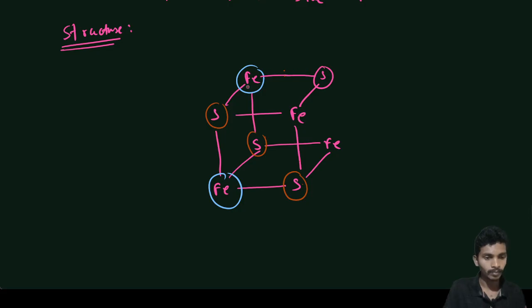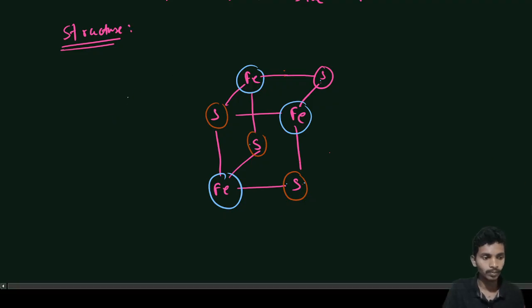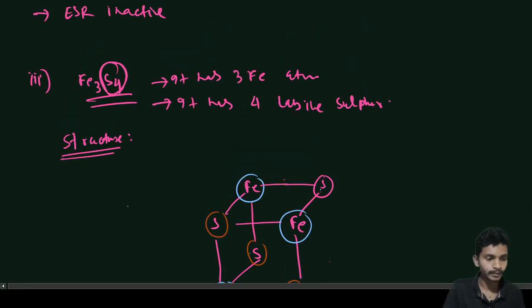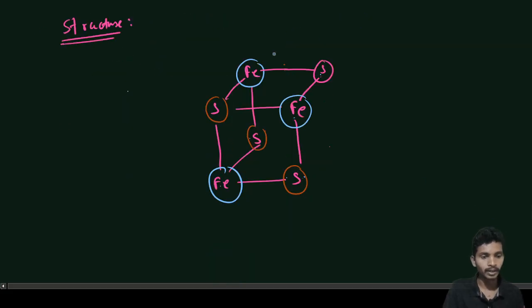Then for this 1, 2, 3, and for this 1, 2. So only 3 Fe, so we will not draw more here. Only 3 Fe atoms are there, right? So how many total sulfurs? Total Fe atoms are 3, 1, 2, 3, and total sulfur atoms are 4, 1, 2, 3, 4. Okay, so this is the structure.